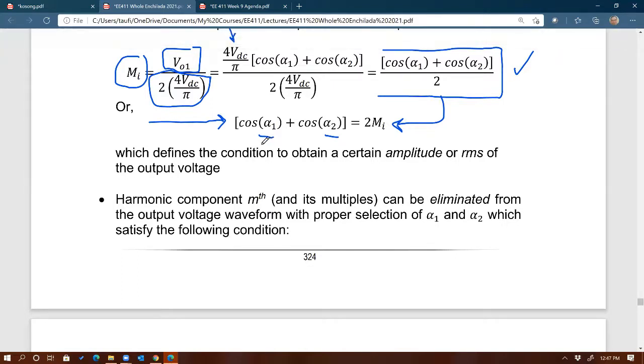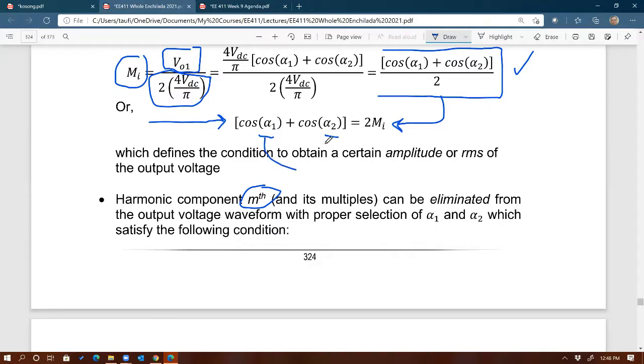If you pick alpha to be 90 degrees over n, you can get rid of harmonic n. Same thing here. If you would like to get rid of harmonic number m, then you have to pick a certain value of alpha 1 and alpha 2. So that's another criterion.